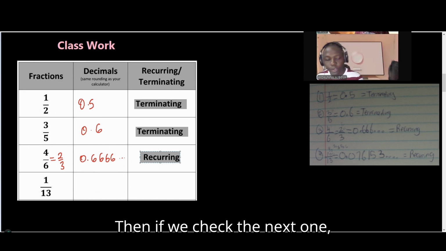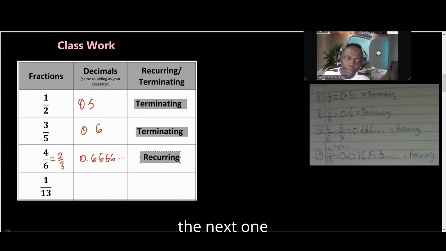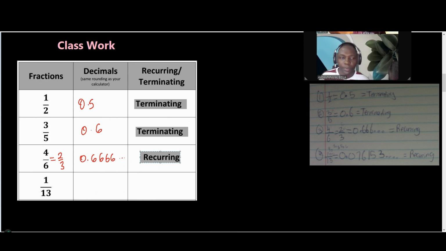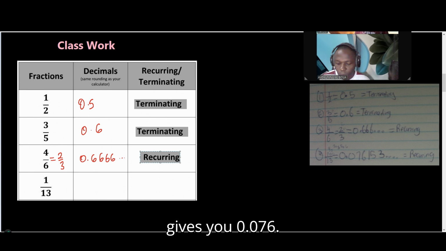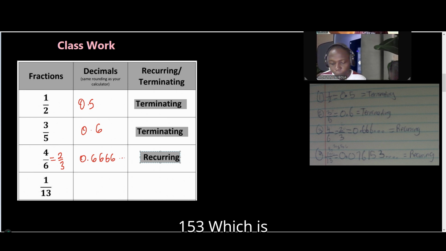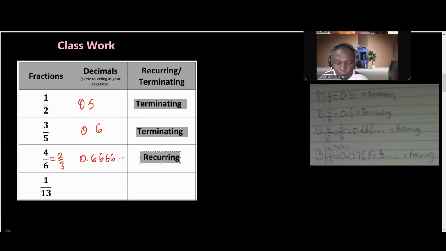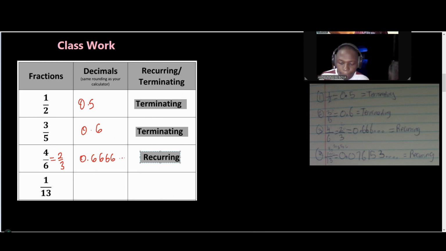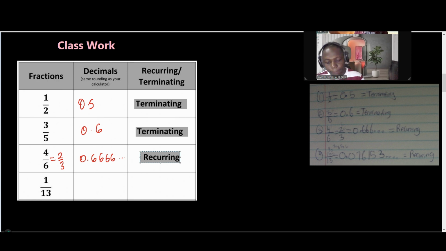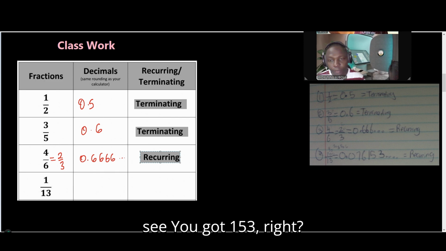Then if we check the next one, it gives you 0.076153, which is 1 divided by 13. Hold on, let me see.